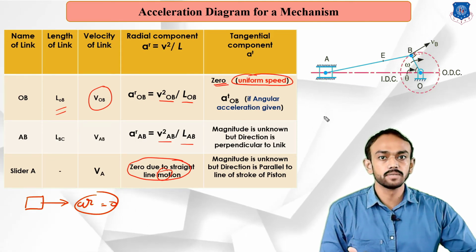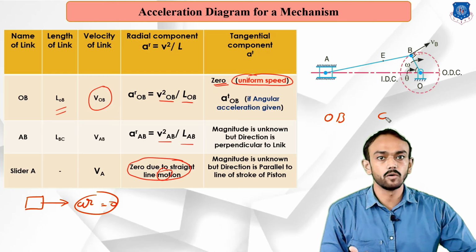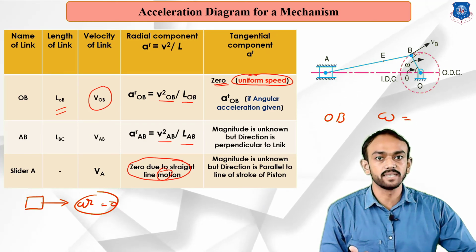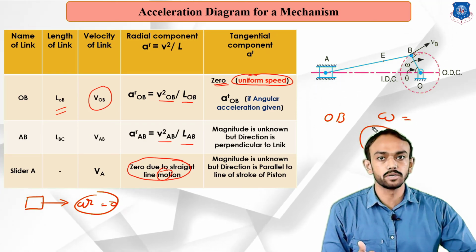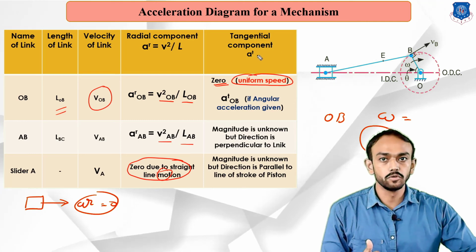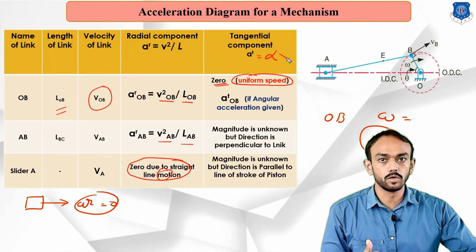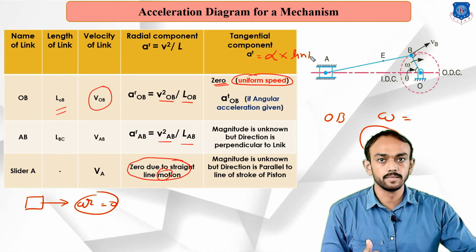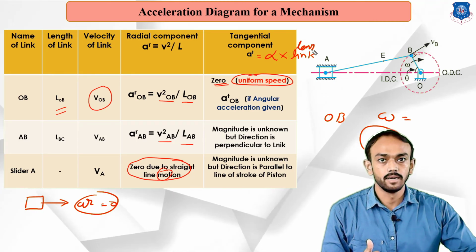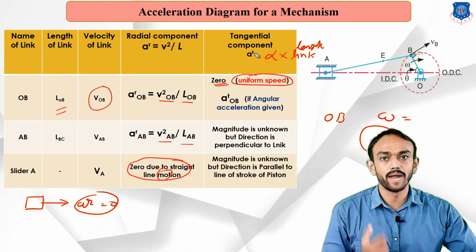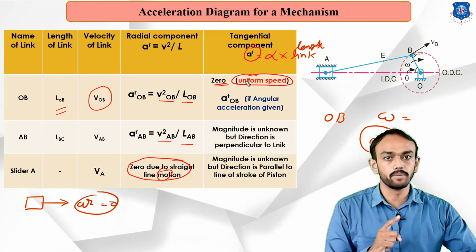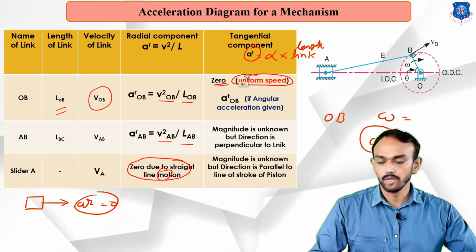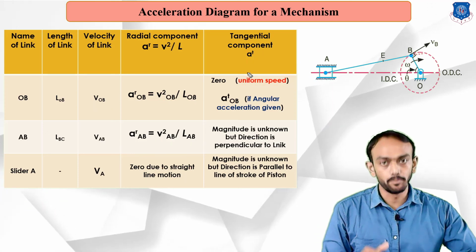But sometimes they say OB has an omega of this and an alpha of this, meaning some angular acceleration is given. As you know, the tangential component is equal to alpha times the length of that link. So then we have to find the tangential component. Remember that: when alpha, the angular acceleration, is given in any example, we have to find the tangential component.